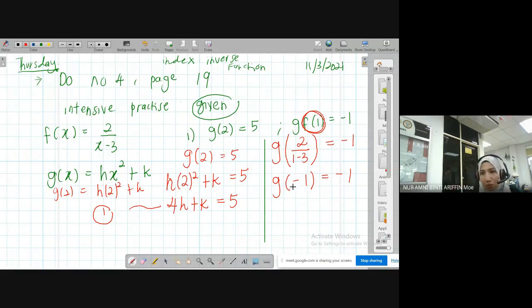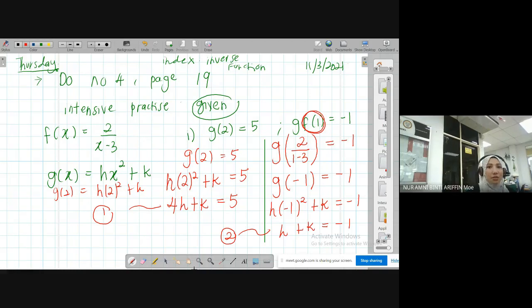So g(-1), which is, you have to use the function given here, which is g(x) equal to hx square plus k. So gantikan kat sini h(-1) square plus k equal to -1, and then get h plus k equal to -1. Okay, so guys, now you have two equations.